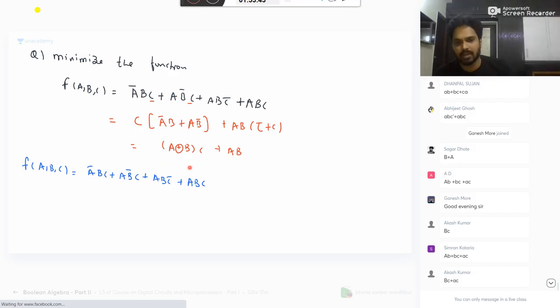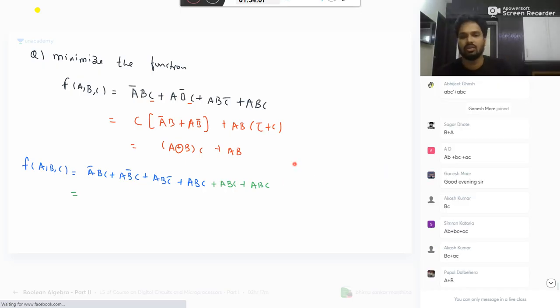For this function, you observe here BC is common in first and last. AC is common in first and last. AB is common in first and last. So what I will do is I will add ABC here and another ABC also. How can you add? Because ABC plus ABC plus ABC is ABC only. You can add any number of times.